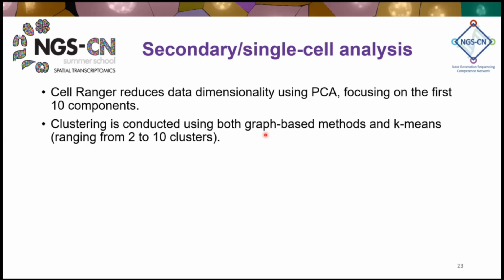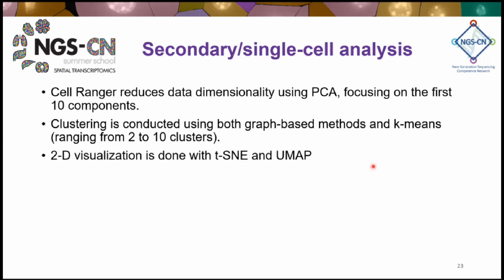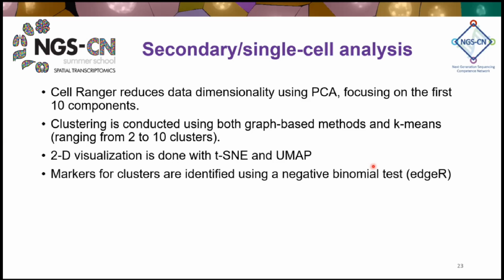Then this reduced data is used for clustering, and here Cell Ranger does graph-based methods and also k-means methods. Then 2D visualization is done with t-SNE and UMAP. It will also identify markers for clusters using a negative binomial test.